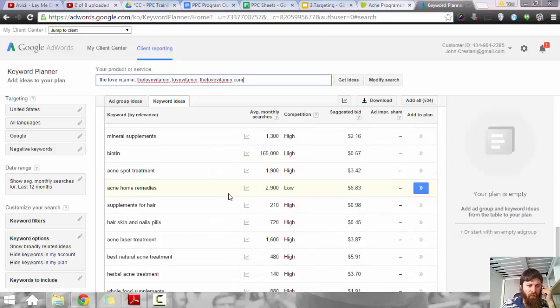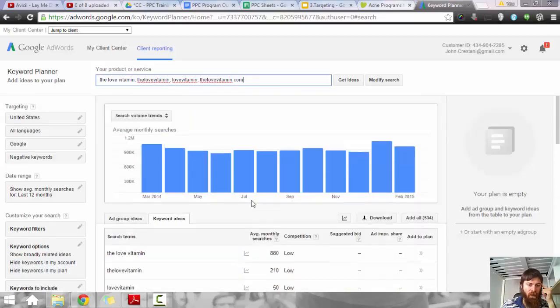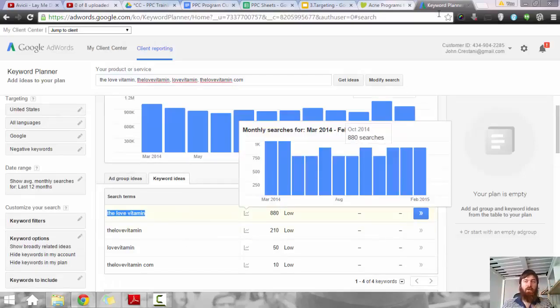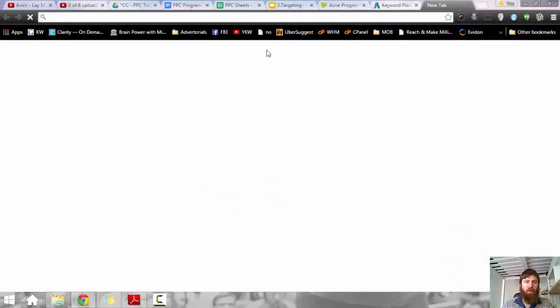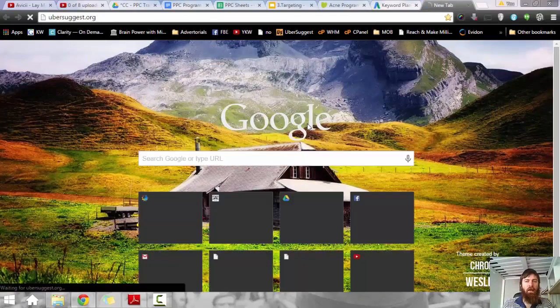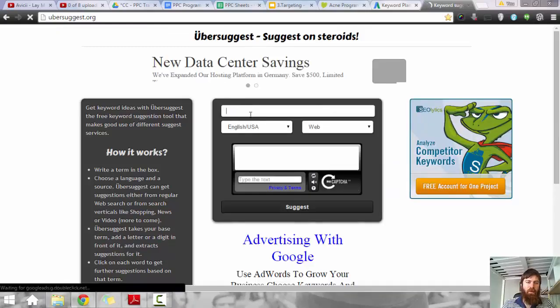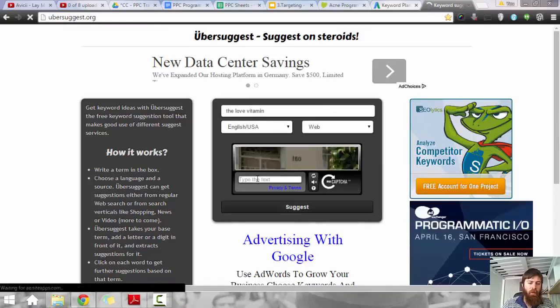We aren't seeing any more love vitamin related keywords. We are seeing the love vitamin as the most searched term. So what I'm going to do is put this into a tool I like called Uber Suggest. It's an amazing tool. I'm just going to put the query in here. Now this sometimes gets overloaded.